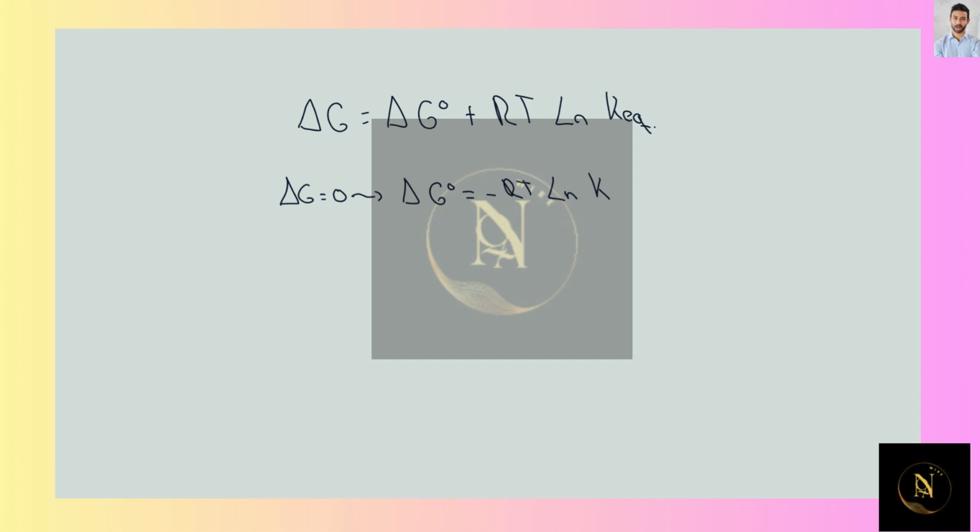I'm going to write down the equilibrium constant directly as K. For this reaction, the transformation X going into Y has a delta G naught of 20 kilojoules per mole.